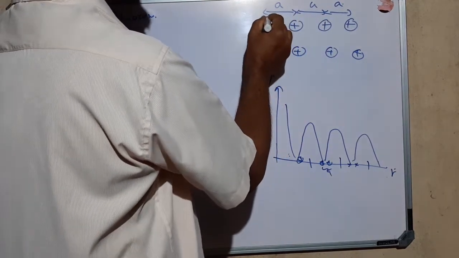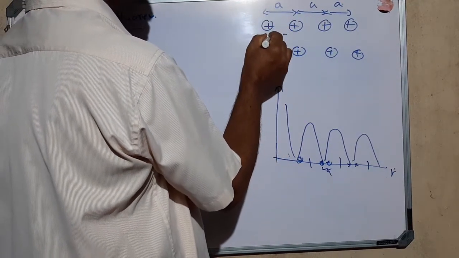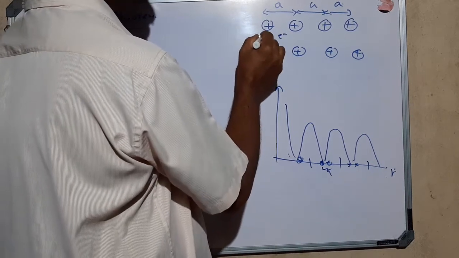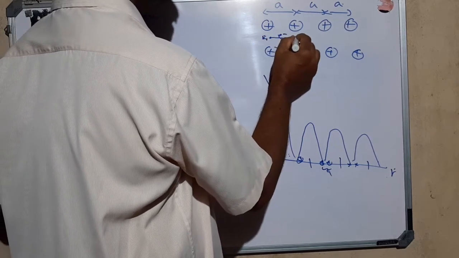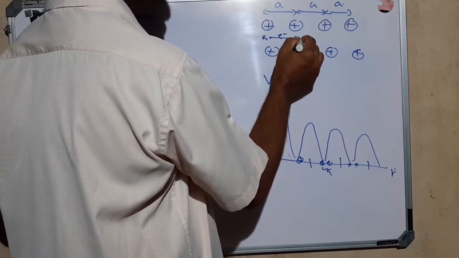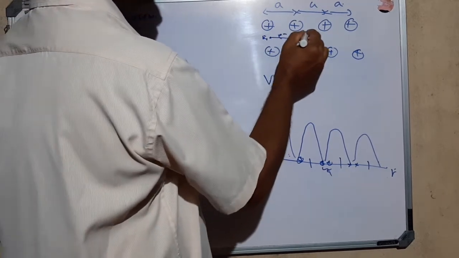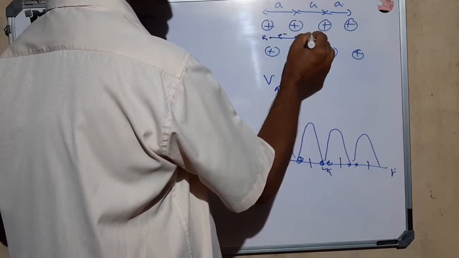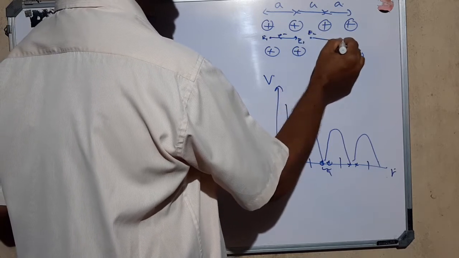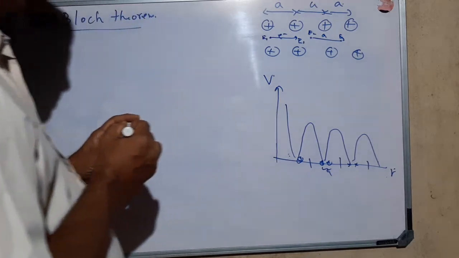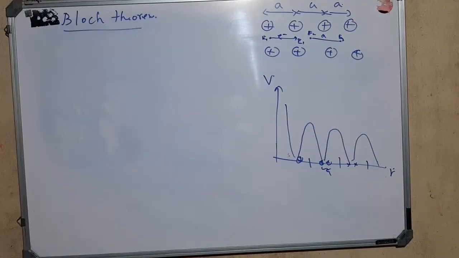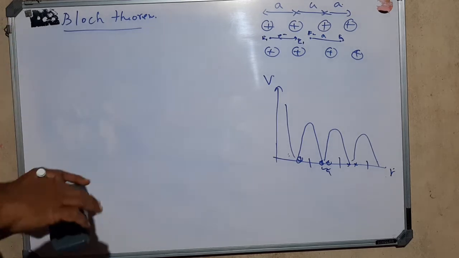See, if the energy of the electron which is here is E1, and it travels a distance equal to A, then here also its energy is E1. The energy of this electron here is E2. If it travels a distance equal to A, then its energy is E2. That is what we are saying, with the periodicity A. That is, at regular intervals, the energy of the electron remains the same.